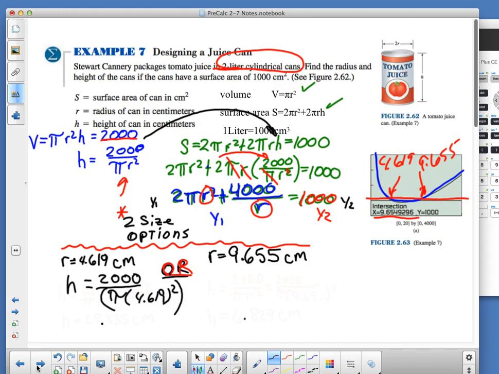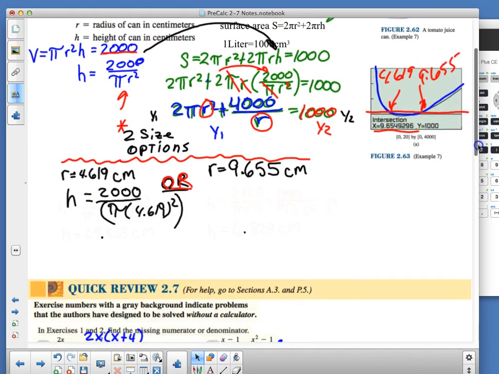Some people think, Bloom, come on, it's a calculator. This is one of those duh moments I don't want you to screw up. So when you do this, you can either go 2,000 divided by pi and take that answer and divide that by 4.619 squared, or you can take them both inside of parentheses and do it together. But practice it, because I'm telling you, if you're going to make a mistake in this problem, it's right here on the h evaluation.